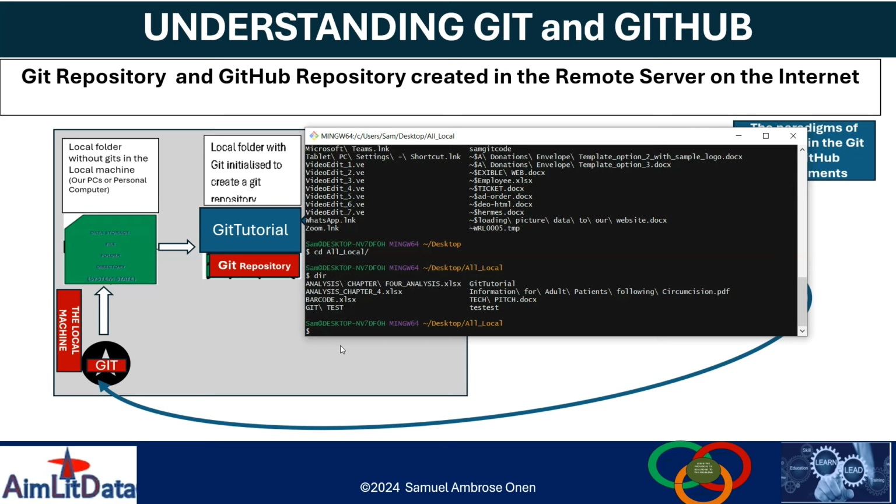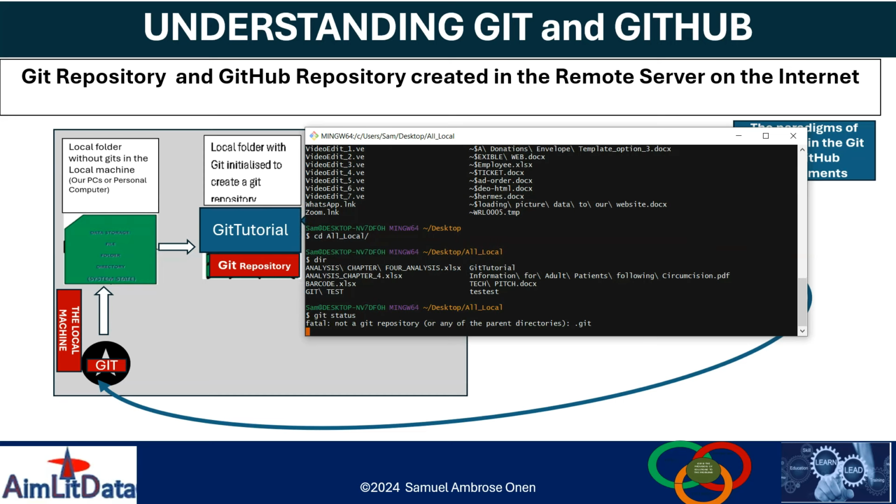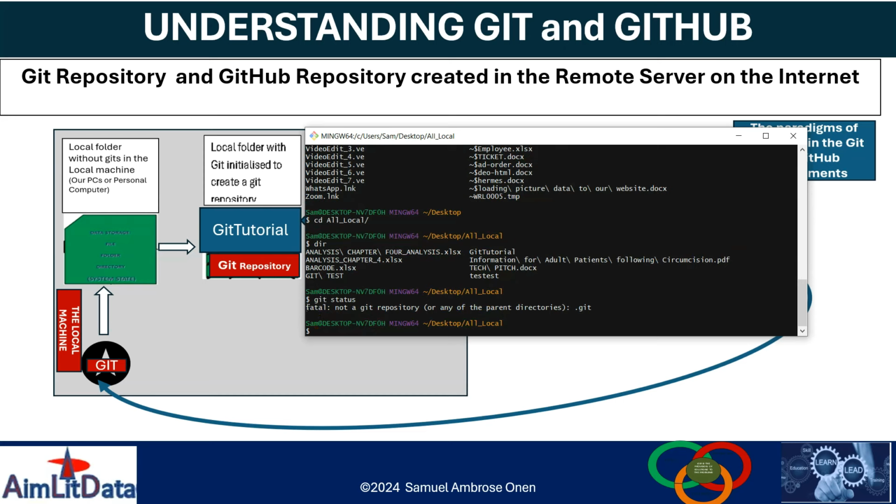To get inside that Git tutorial, we need to change directory again. But before that, I just want to show you something. At this level, all_local is just a folder without a Git repository. It's not a Git repository, but it's holding folders with Git repositories inside it. So if I do git status, for example, you see it says fatal, and the message is that this folder is not a Git repository.